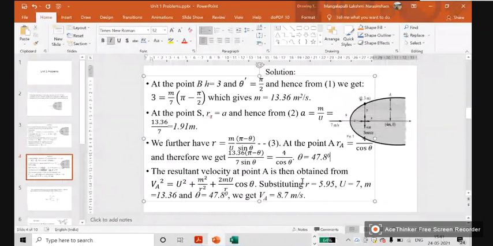If I use this value of theta, I will get R, this R is equal to 4 by cos theta.